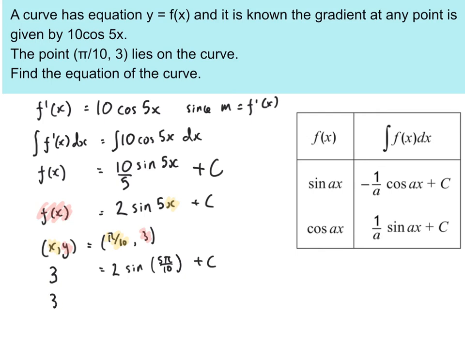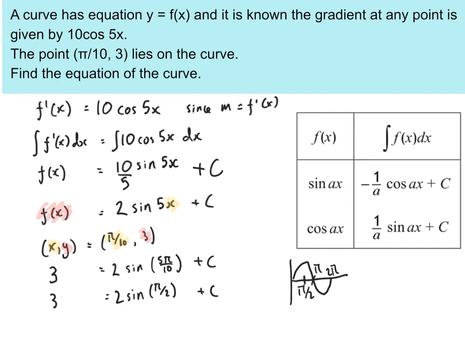Tidy this up a bit. So always keep your eye out for fractions. 5 pi over 10 is the same as pi over 2. This is a non-calculator question here, just looking at that value, pi over 2. So I draw a sine curve to help me remember this. That's 2 pi, that's pi.